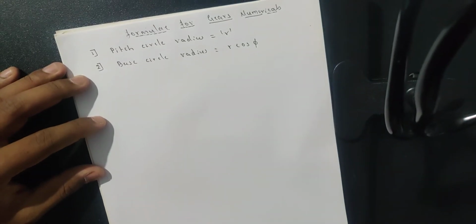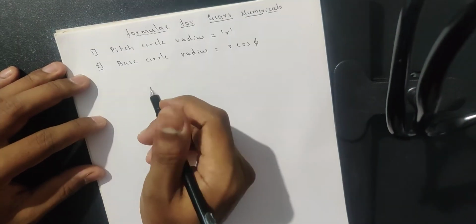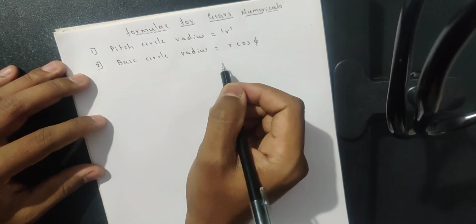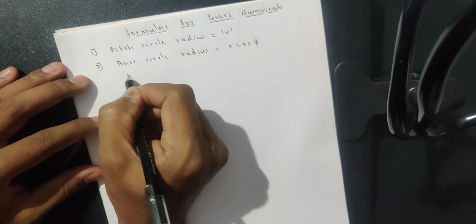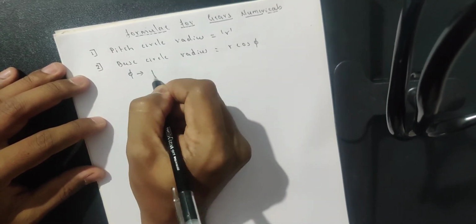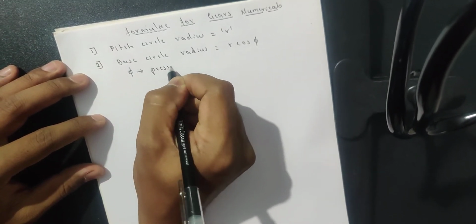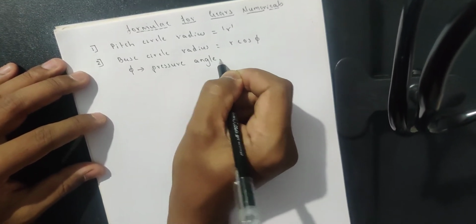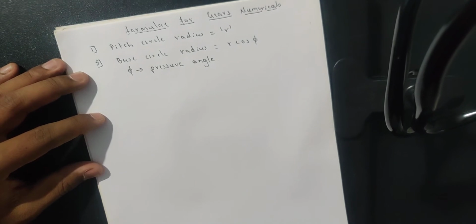So we can write it as r cos phi. Phi is nothing but the pressure angle.